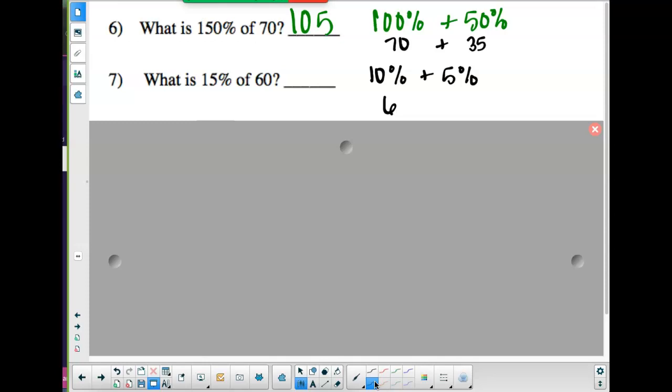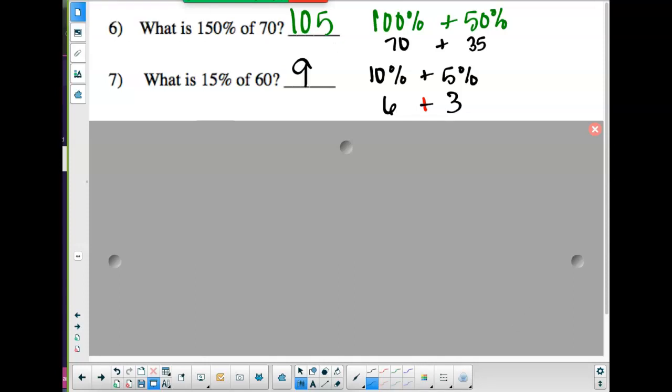Would you agree that 5% is half of 10%? So wouldn't 5% have to be half of 6? 3. Add them together. 6 plus 3 is 9. So 15% of 60 is 9. Okay? So we're going to stop at that.